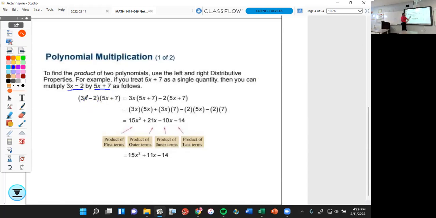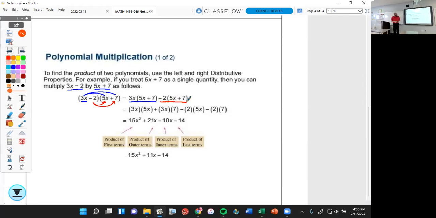What we're actually going to do is take that 3x and multiply it by both the 5x and the 7. And you can see that that's represented right here. I'm going to take that 3x and multiply it by the 5x plus 7. And then I'm going to take this minus 2 and multiply it by the 5x and the 7. So I've got the -2 multiplied by 5x plus 7.